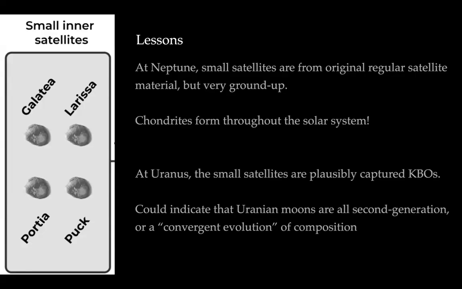And that would help explain why there's a general lack of CO2 and why there's this hydrated, high temperature material, because these came from regular satellites that might have had enough time to start differentiating, that had enough heat of accretion, and that then through catastrophic collisions had enough additional heat to form chondritic material, essentially. And what this tells you is that you do have chondrites forming throughout the solar system.